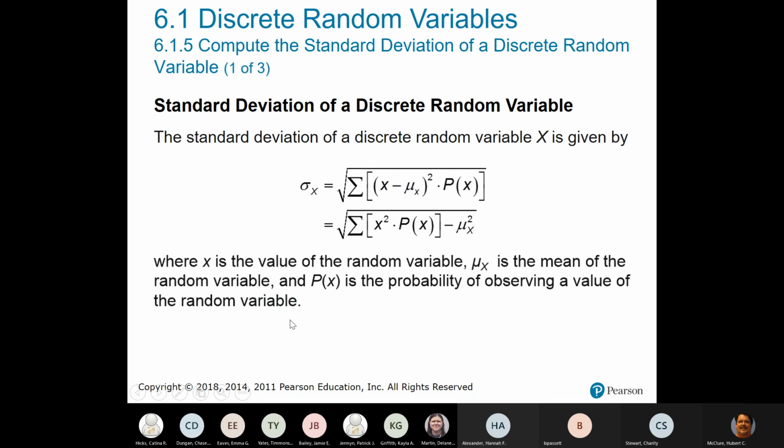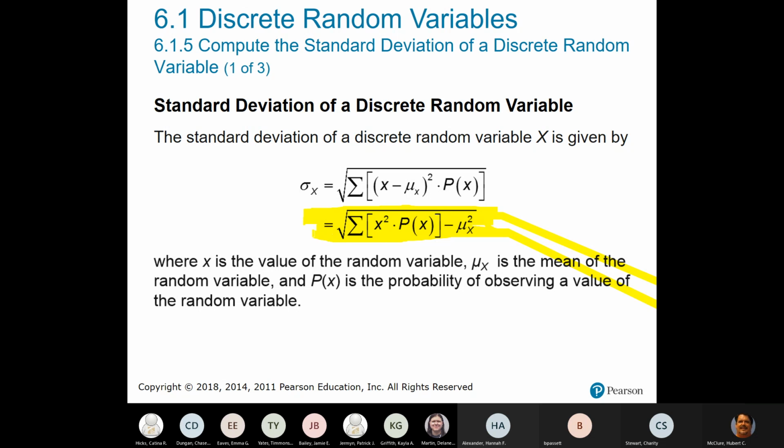And there, and I'm going to take a highlighter. Here is the formula we're going to use for standard deviation. I know something's wrong.